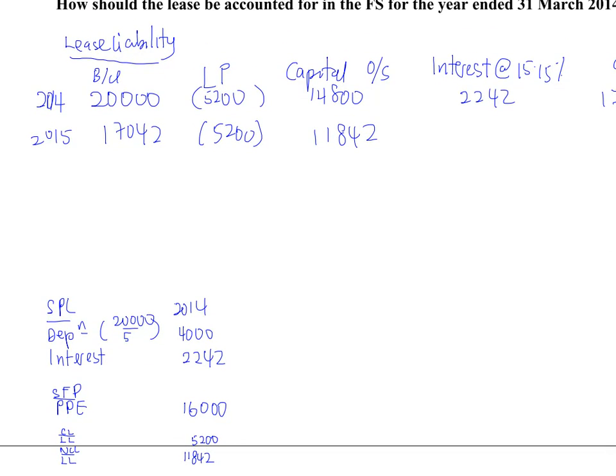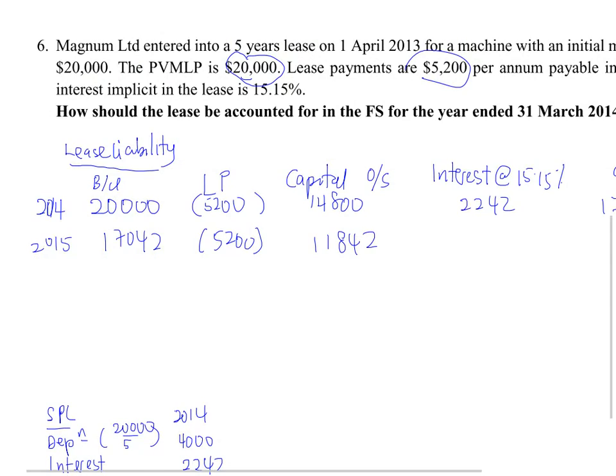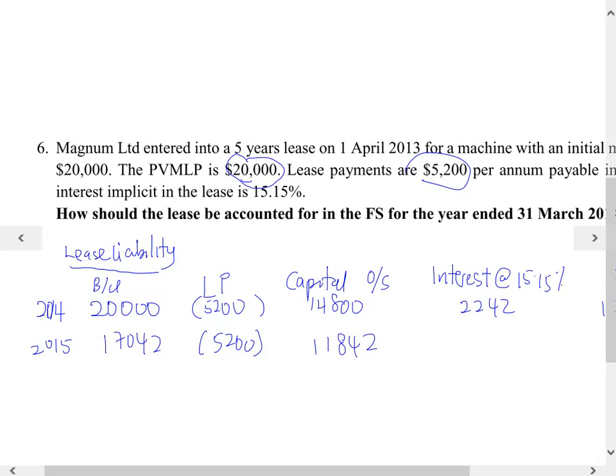Okay, this one actually in one of your revision kit, you have one whereby they treat wrongly the impact on the profit. So what we have recorded here is 5,200 expenses, correct? We have recorded as 5,200 expenses. However, this we should record 20,000 asset, 20,000 liability. So not 5,200 expenses today.